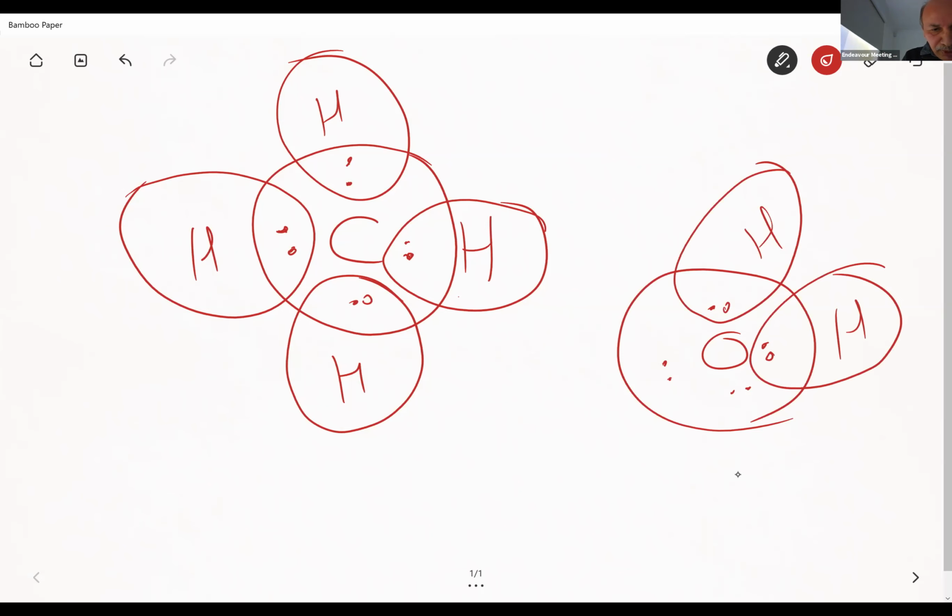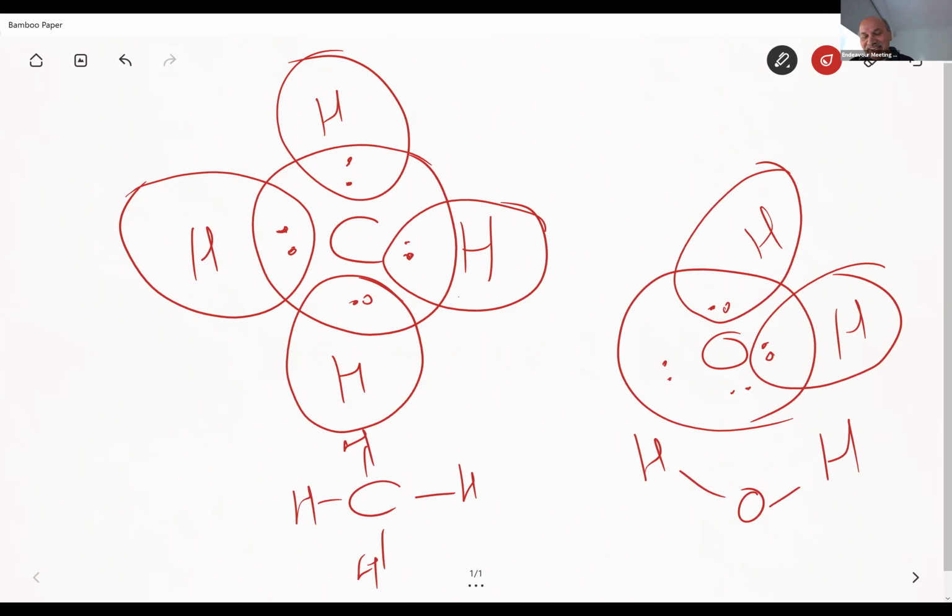So the shape of the molecule is going to be like this. So that's your H, H, and O. Look at oxygen sharing electron with hydrogen. Now, if you look here, oxygen shares only 2 electrons with hydrogen. The remaining electrons it is not going to share.